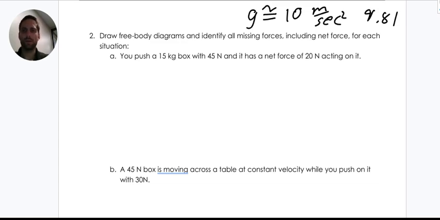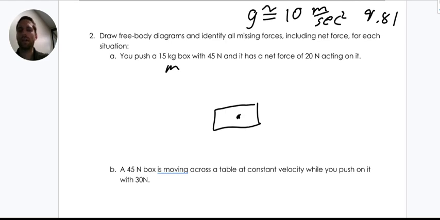So as I'm doing this, I draw a little diagram, draw a little box if I want, and in the middle, put my dot. A 15 kg box means I have a mass of 15 kilograms.